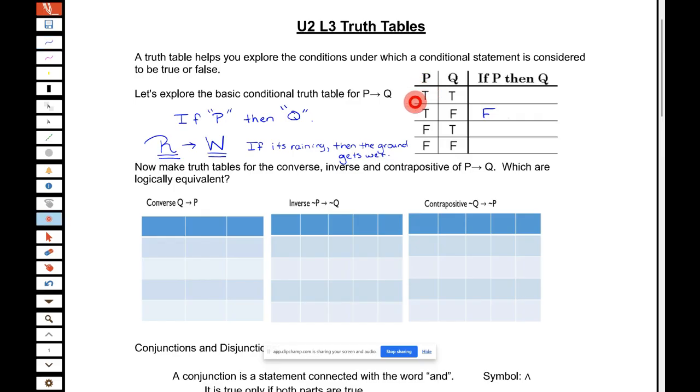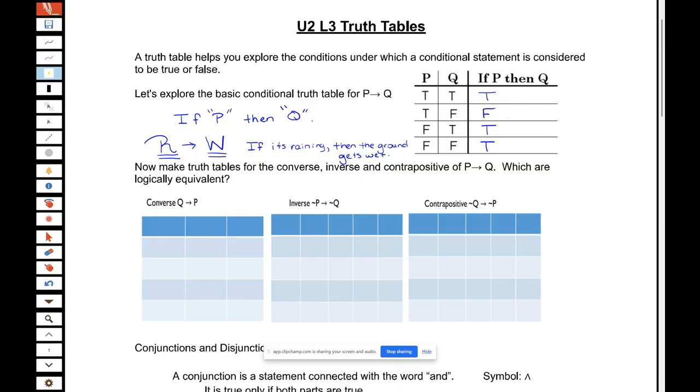So, for example, if it is raining and the ground does get wet, then that statement is true. If it is not raining and the ground is wet for some other reason, maybe there's a water hose or something like that, well, then we still would say the rule is true, because we can't even test that rule if it's not raining, if the it's raining part is false. And so in both these cases, we would still consider it true.